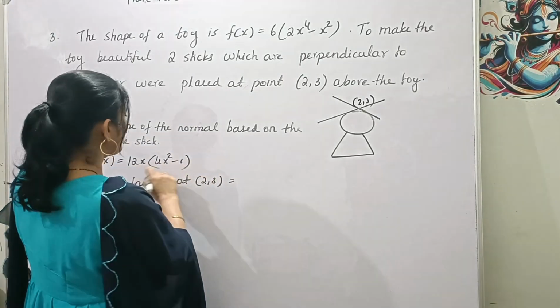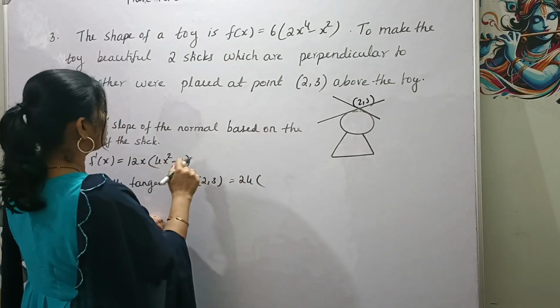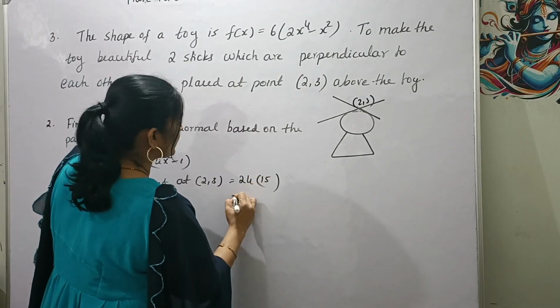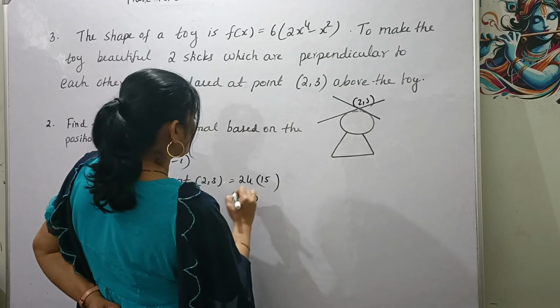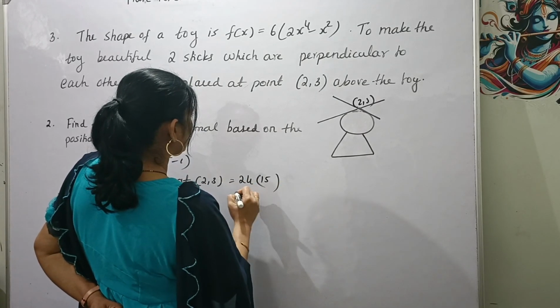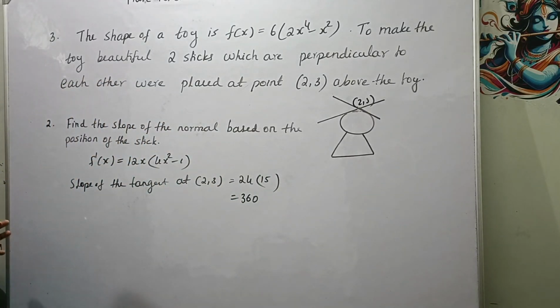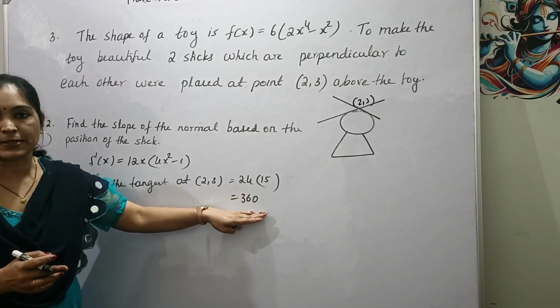That is 2 into 12 into 2, 24, into 2 square 4, 16 minus 1, that is 15. It is 60, 30, 360, right? Okay. So here we have got slope of the tangent at 2, 3 is 360.